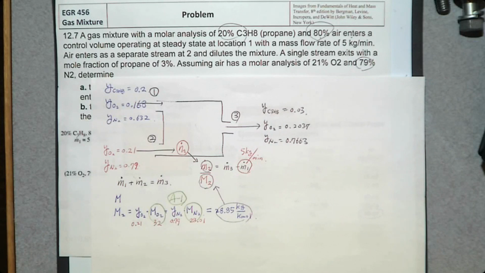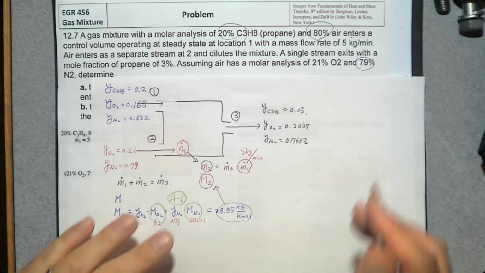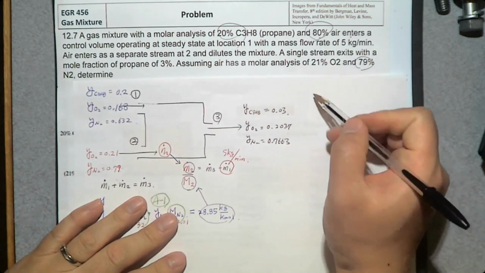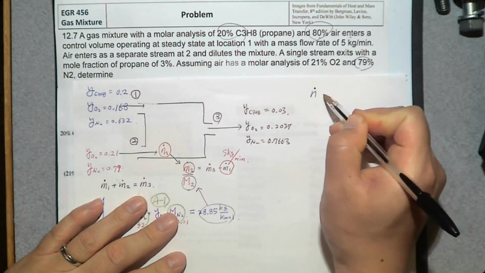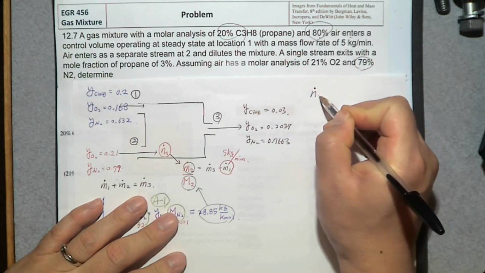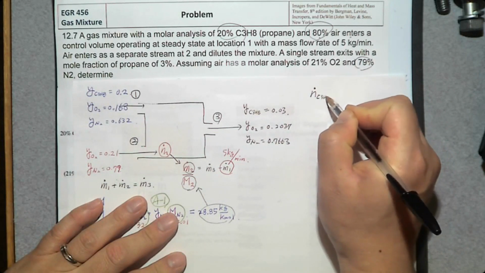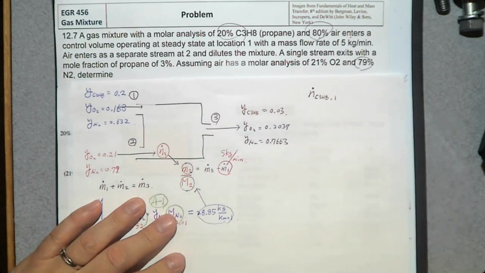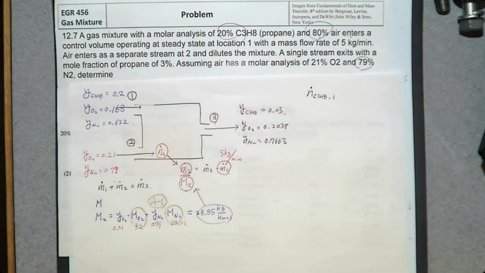However, we have no information about M dot of propane only. So M dot of propane is not needed here. Then what else? We can use N dot of propane, C3H8, at the inlet number 1, which should be the same as N dot of propane at the exit number 3.